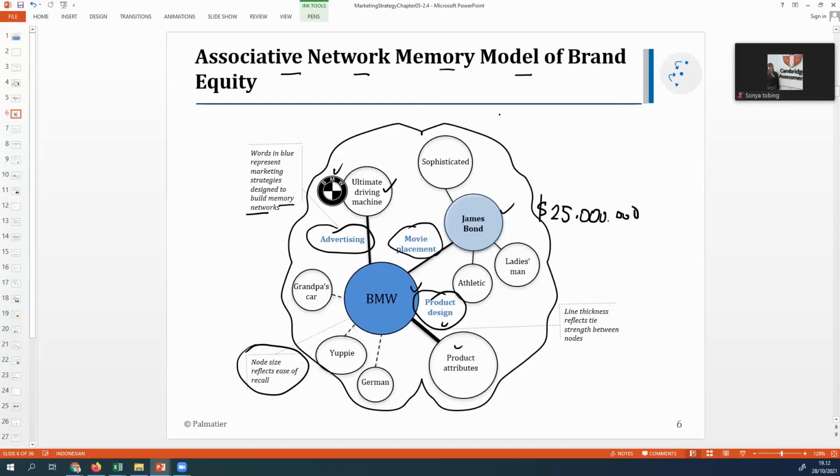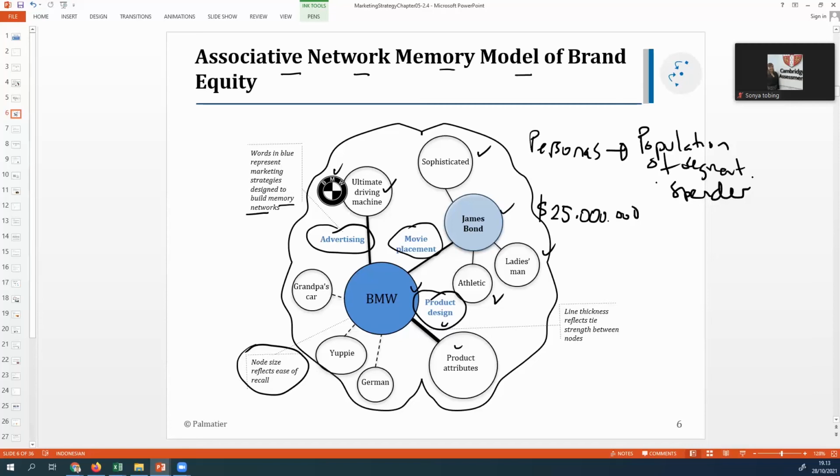Because James Bond is associated with the ladies' man, athletic, sophisticated. These are all personas. They see that these personas have a quite big population of the segment, and they are big spenders. So they need the association of James Bond to grab the segment of their targeted personas.